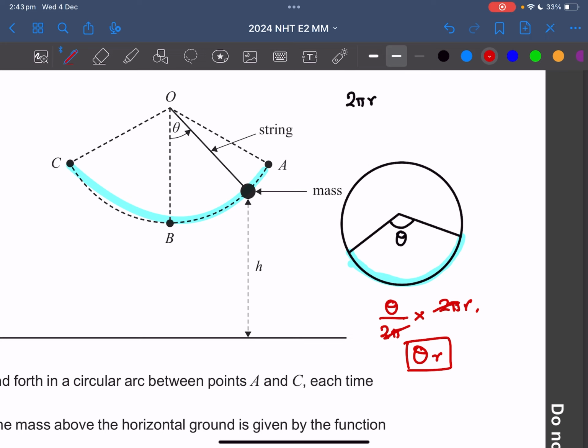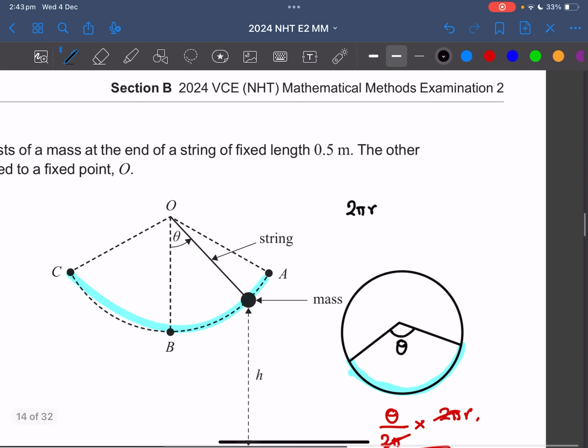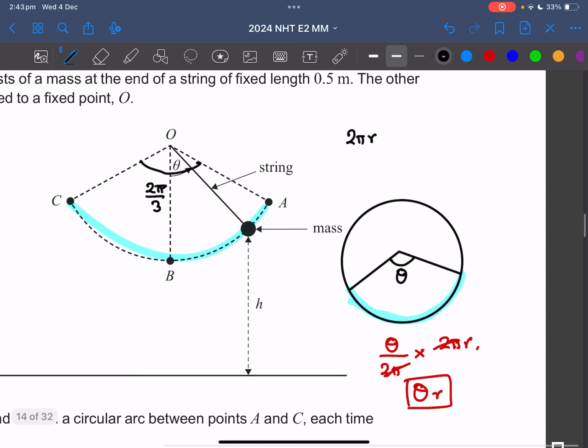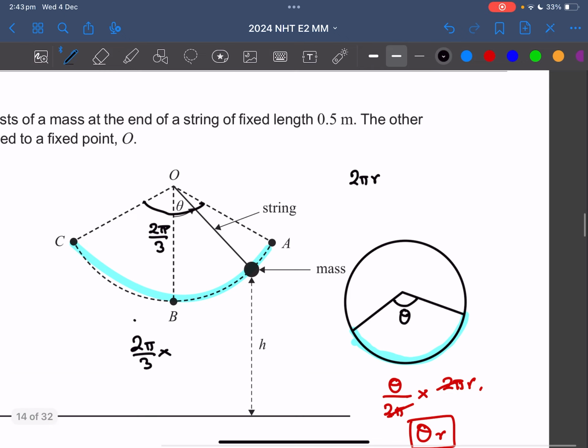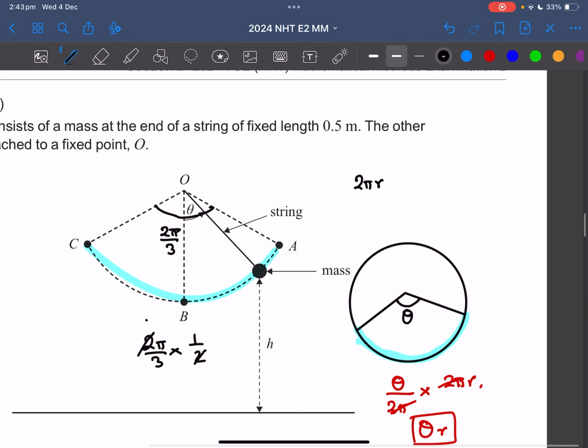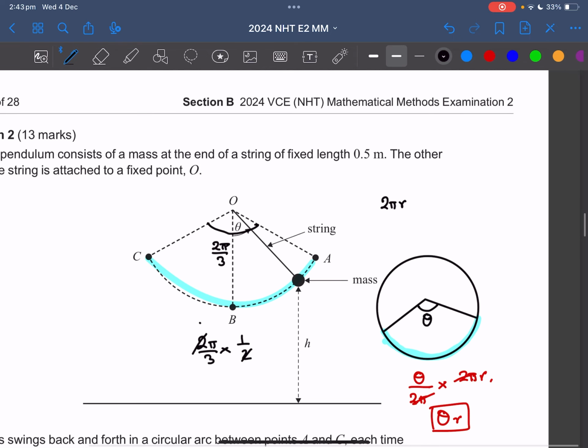Okay, so let's use that formula, because we know that this over here is pi on 3. We know this over here is also pi on 3. So the whole thing over here is going to be 2 pi on 3, right? So 2 pi on 3 times the radius. What is the radius? 0.5. So 1 on 2. That cancels out, leaving us with pi on 3. So pi on 3 will be our answer for this, okay?